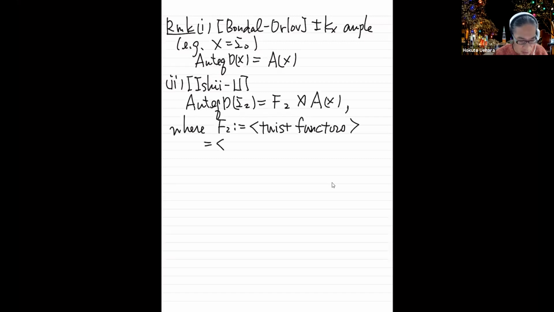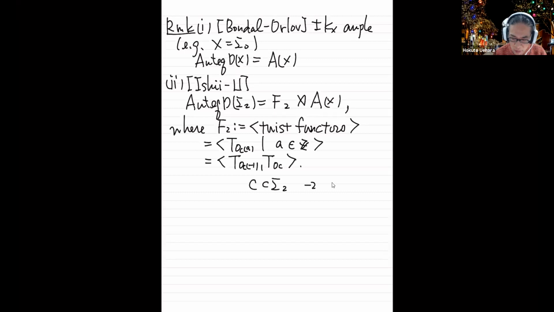Actually, this is generated by the twist functor along the spherical line bundle on the -2 curve of degree a. We can also check that this group is generated by just two elements, where C is the -2 curve.